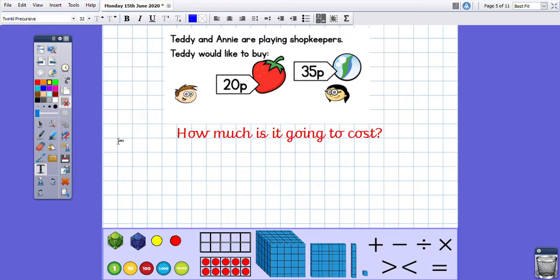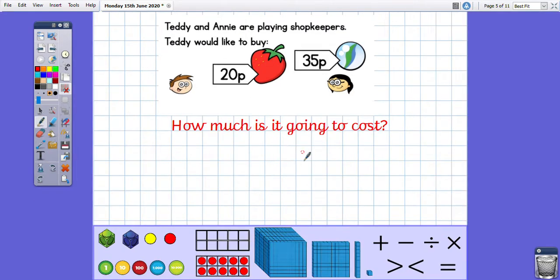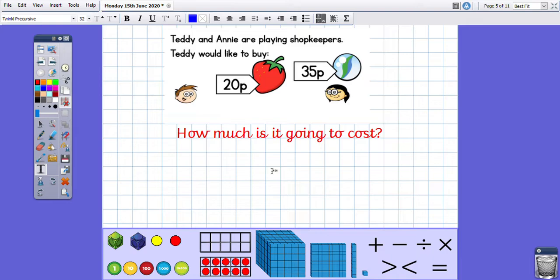So remember, we look at our ones first. Let's do our tens and ones columns because it always helps. In our ones column, there is only going to be a 5, isn't there? Because there's nothing in this ones column but a 5 in this one.